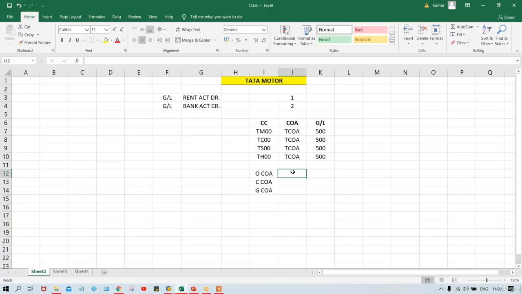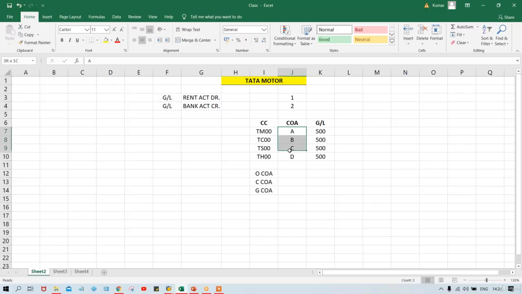Country specific chart of account is set up to meet country specific legal requirements. Group chart of account is generally set up if, let's suppose, Tata Group has 4 company codes and every company code is using a different chart of account.